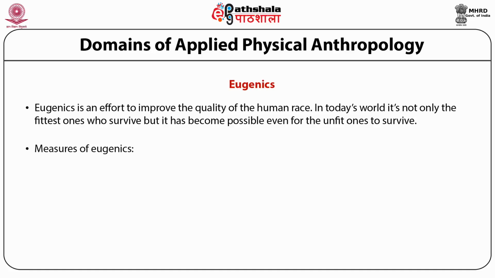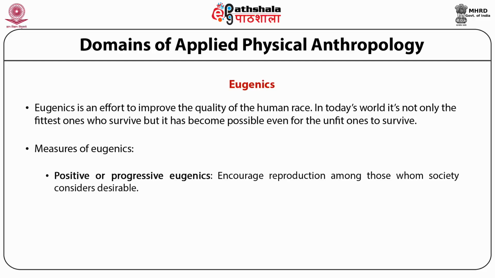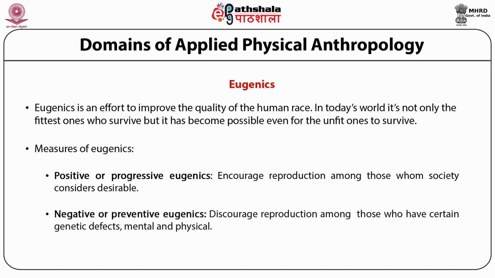Reproduction among those whom society considers desirable should be encouraged, which is known as positive or progressive eugenics. The other measure is to discourage reproduction among those who have certain genetic defects, mental and physical, which is known as negative or preventive eugenics.